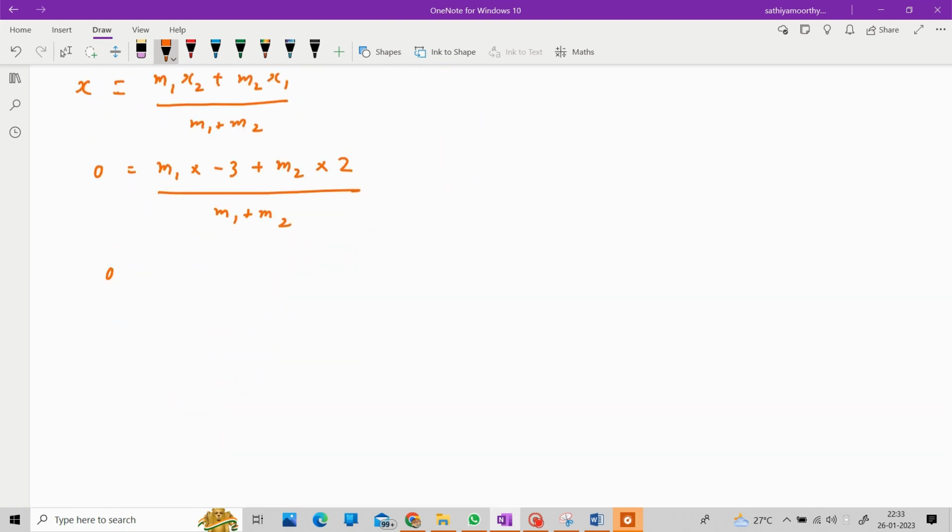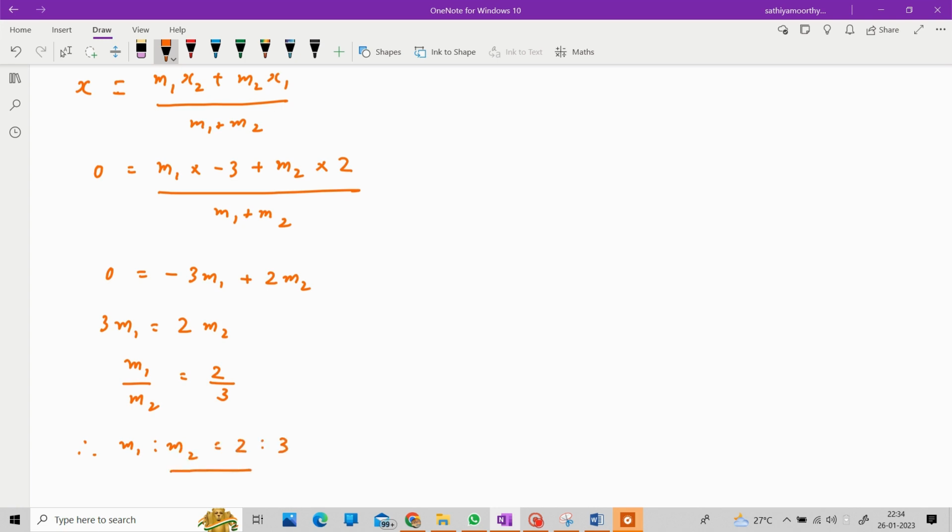So 0 is equal to minus 3m1 plus 2m2. Let me take minus 3m1 to the left hand side, it becomes 3m1 is equal to 2m2. Now m1 by m2 is equal to 2 by 3. Therefore m1 is to m2 is equal to 2 is to 3.